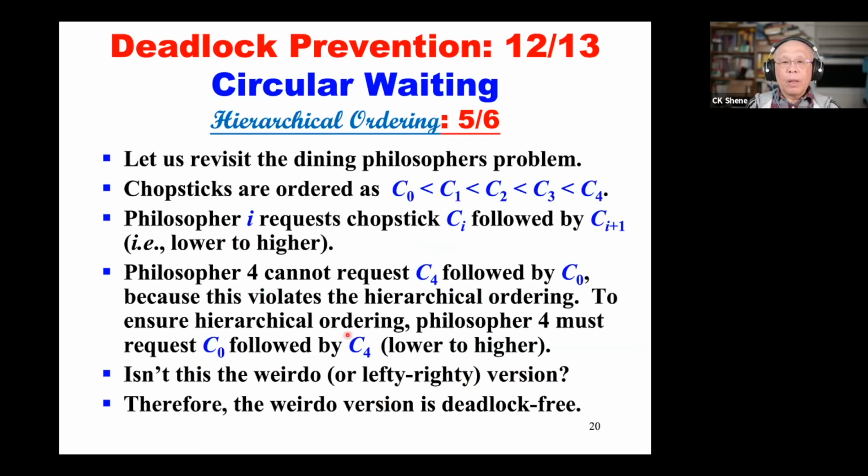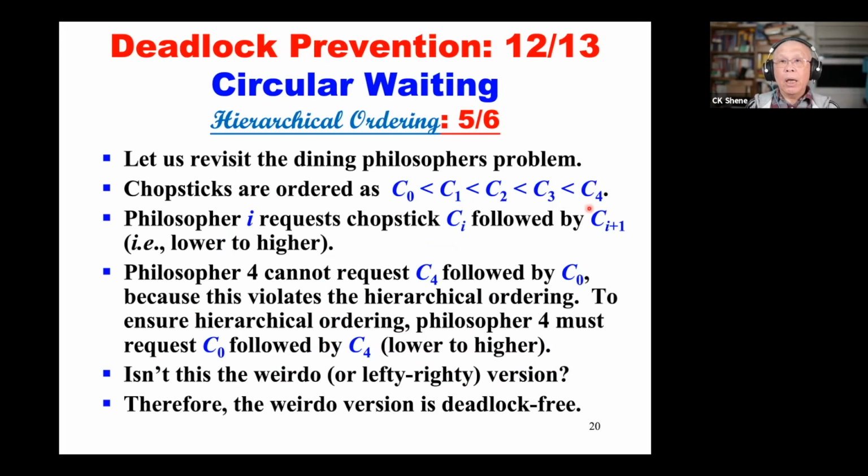Now, with this idea, let's revisit the dining philosophers problem. We have 5 chopsticks. We consider these 5 chopsticks as system resources. So we order these 5 chopsticks as C0 less than C1, less than C2, less than C3, and less than C4.